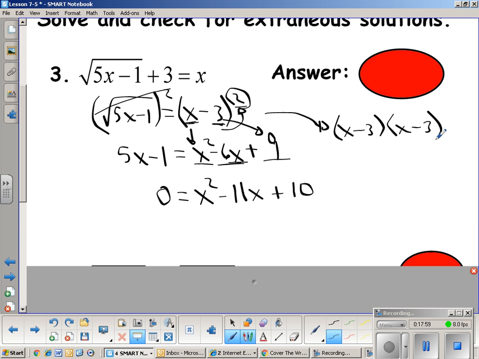So do we want to factor this or use the quadratic formula? Quadratic formula is x equals the opposite of b plus or minus square root of b squared minus 4ac all over 2a. And if you don't know how to factor very well, you'll have to jump right into the quadratic formula. Okay? This one actually factors easily.